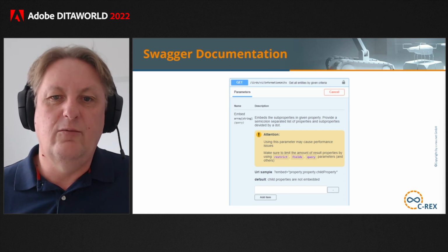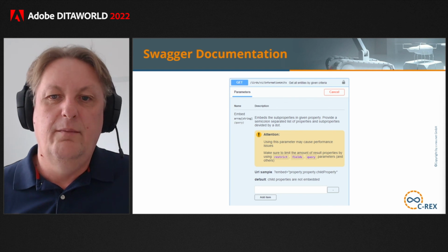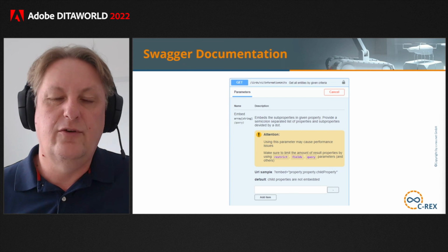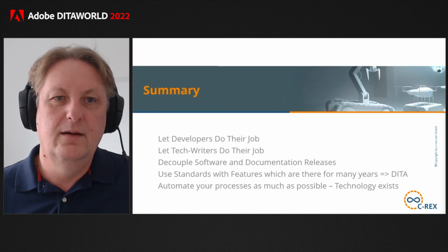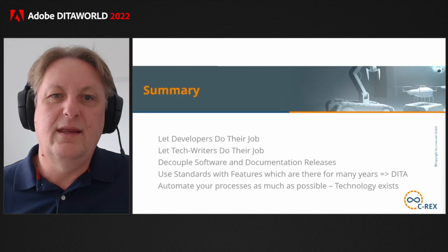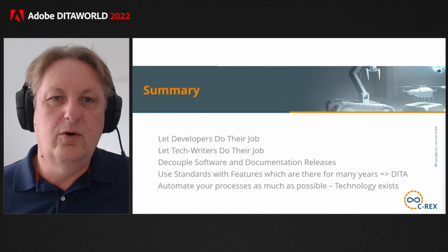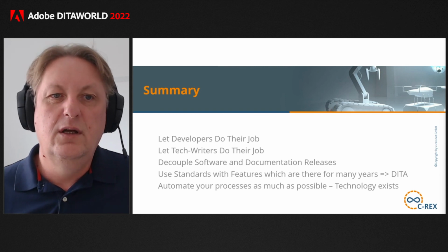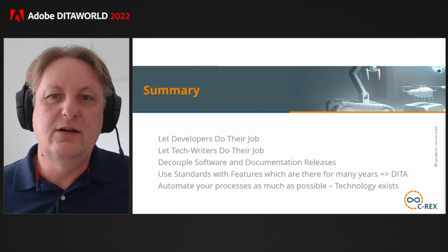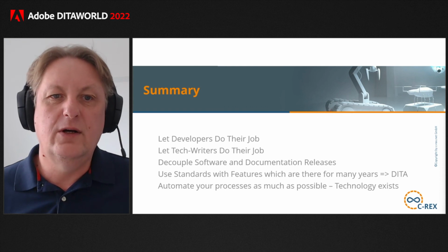Developers and writers are working together, but their processes and releases are decoupled from each other. By the way, this all doesn't mean developers shouldn't care anymore. Of course, they should, as they have to provide necessary information via an organizational and technical interface.